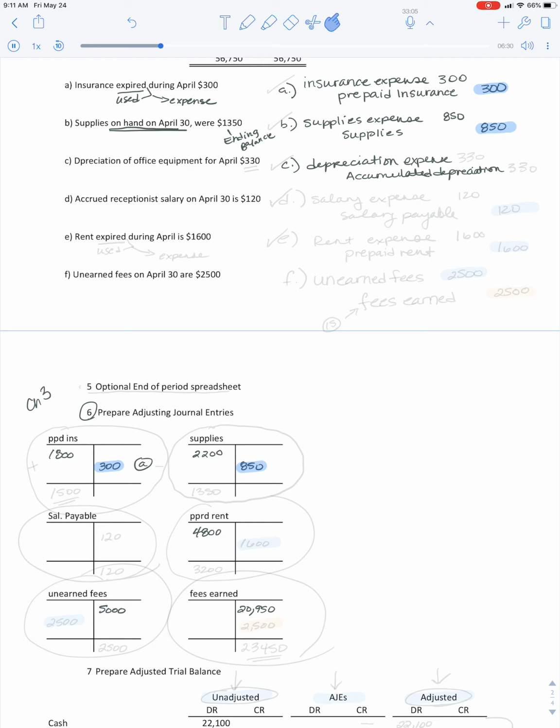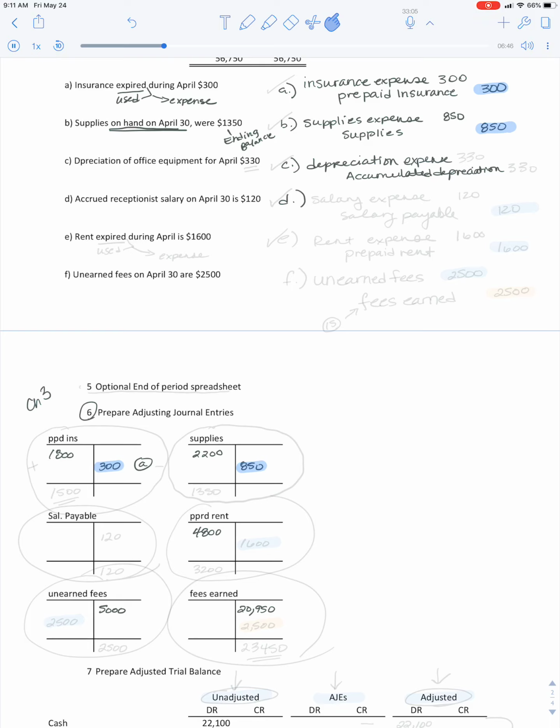we have accrued the receptionist salary on April 30 to be $120. So we need to record a salary that's payable so that we can get the expense on the income statement.